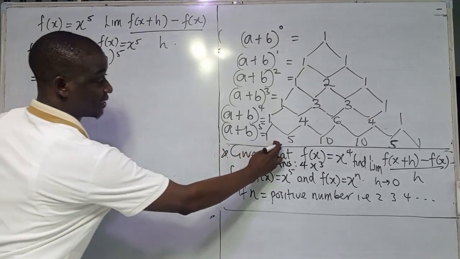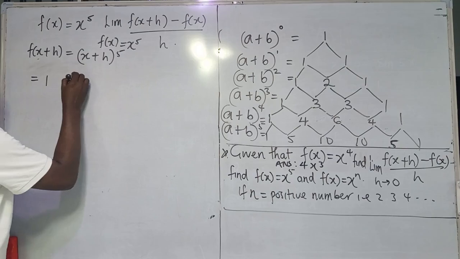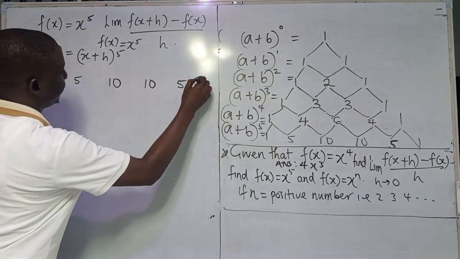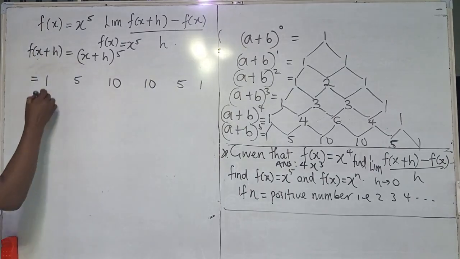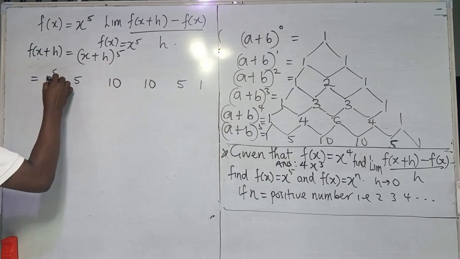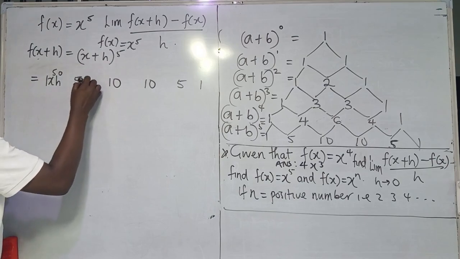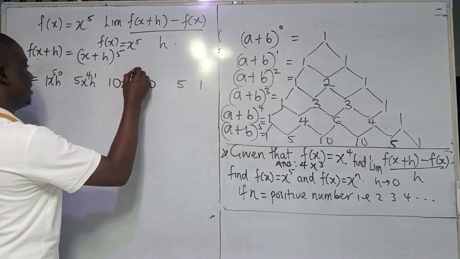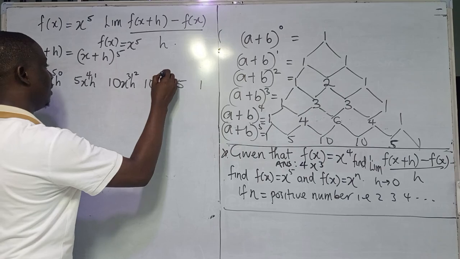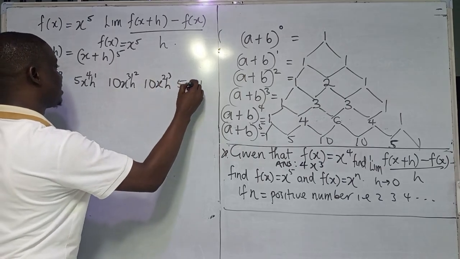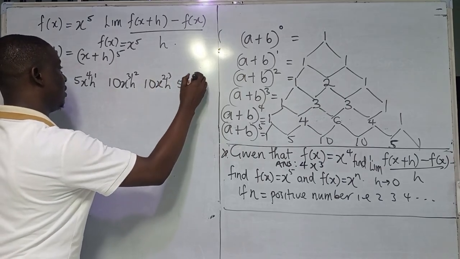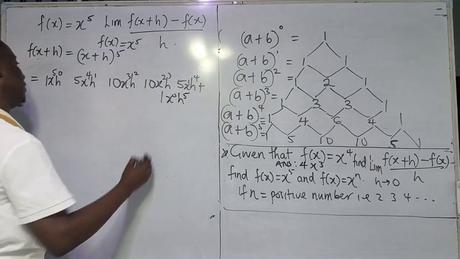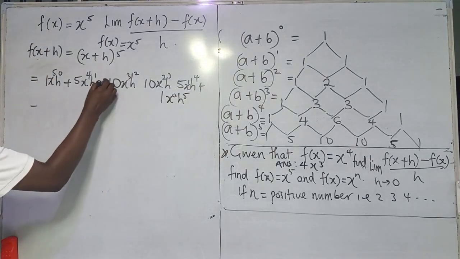So you are going to use this Pascal triangle. The coefficients are 1, 5, 10, 10, 5, 1. So you are going to have x to the power 5, h^0, x to the power 4, h^1, x to the power 3, h^2, x to the power 2, h^3, x to the power 1, h^4, plus 1, x to the power 0, h^5. Having done that, you put plus in everything.